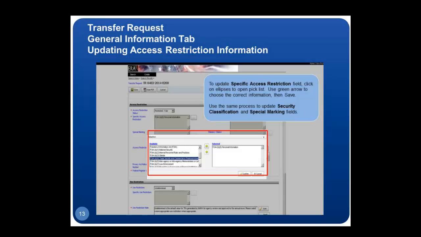Now, when updating transfer forms, I would suggest agencies consult with FOIA officers regarding appropriate access restrictions and apply access restrictions as appropriate, update the transfer forms as appropriate.